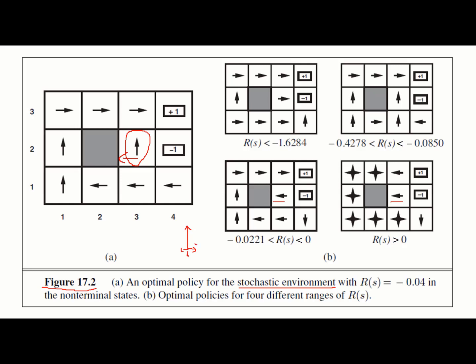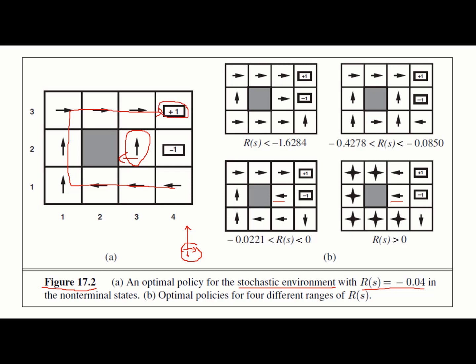But that occurs with small probabilities, and those are described in the text. So let's look at the first case where R, the reward in all the states, is -0.04. In this case, the policy of the robot is to somehow navigate its way to reach the terminal state where the reward is +1.